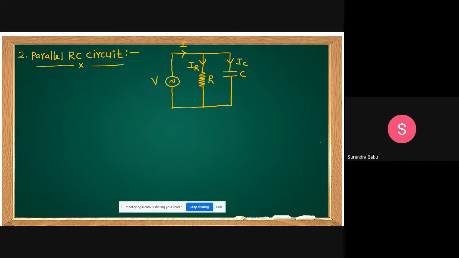Voltage is the reference. Then what is I equal to, students? It is the vector sum of IR plus IC.